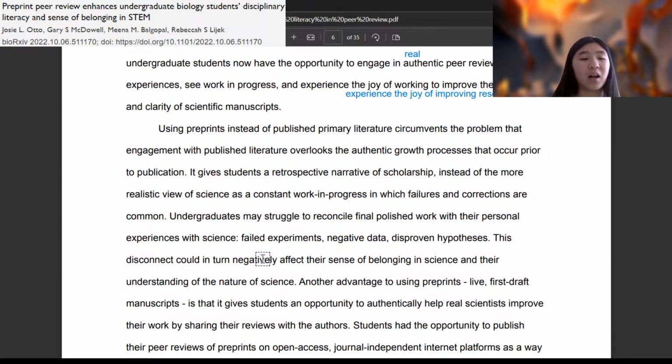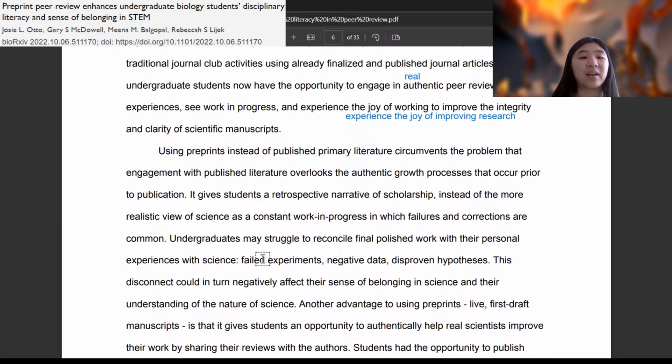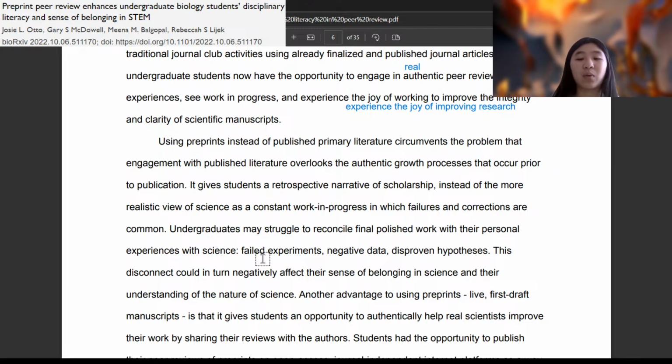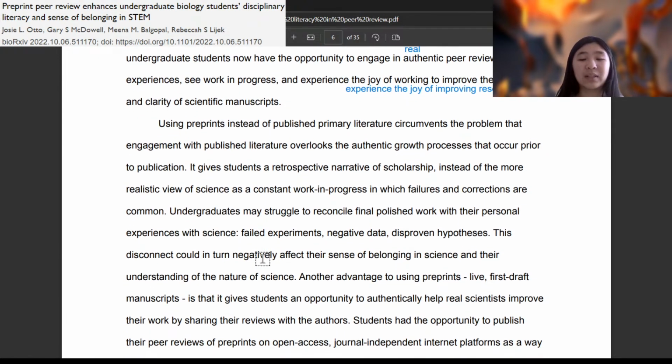So, using preprints instead of published primary literature circumvents the problem that engagement with published literature overlooks the authentic growth processes that occur prior to publication. It gives students a retrospective narrative of scholarship instead of the more realistic view of science as a constant work in progress in which failures and corrections are common.